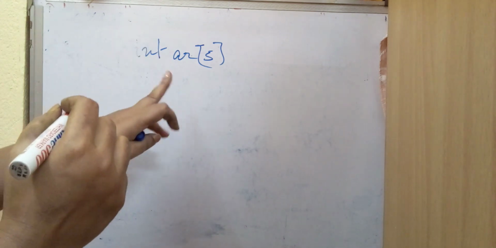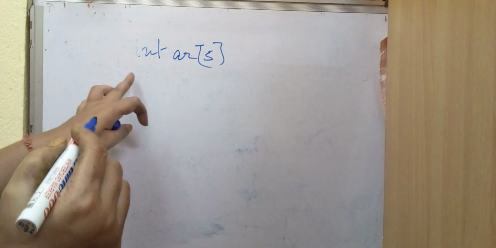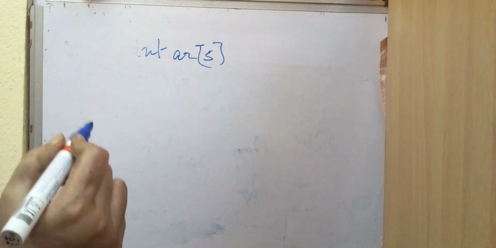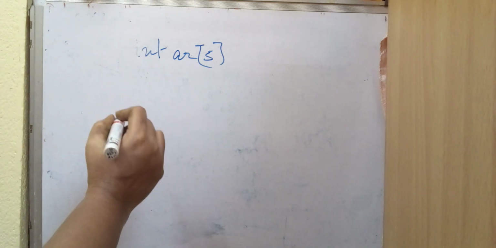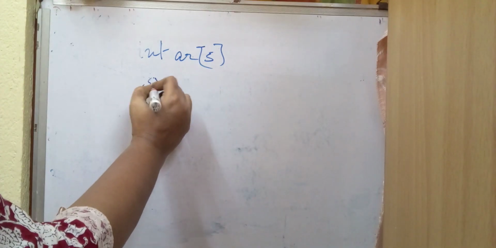It's another array, the name is AR and the size is 5, and its data type is integer. Since an integer holds 2 bytes, the reserved space will be 5 into 2.